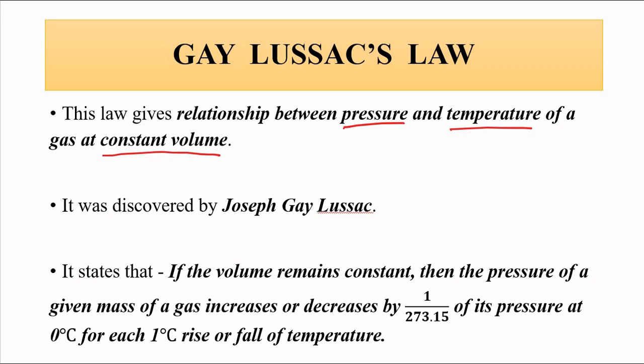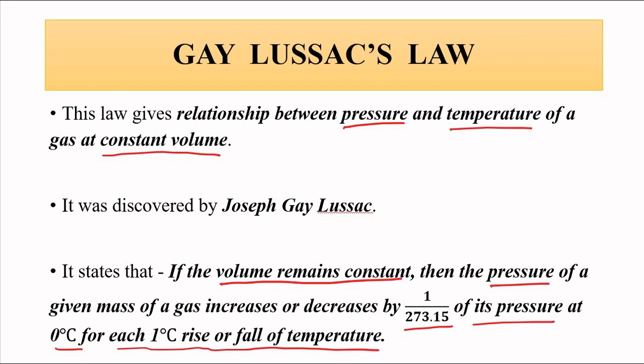In a way it is similar to Charles' law in its statement, but only the variables are interchanged. Here it says that if volume remains constant, the pressure of a given mass of gas increases or decreases by 1 by 273.15 of its pressure at 0 degrees Celsius for every 1 degree Celsius rise or fall of temperature.